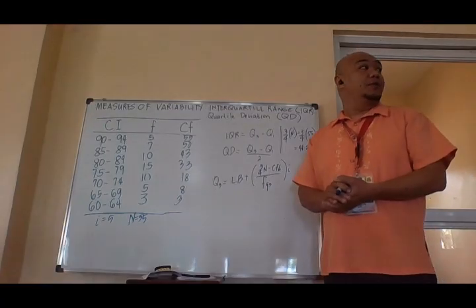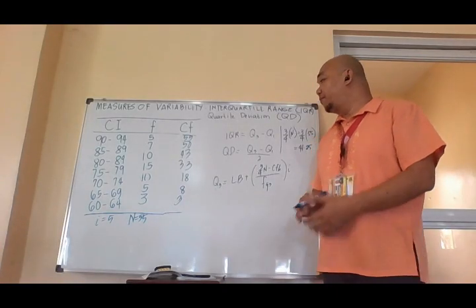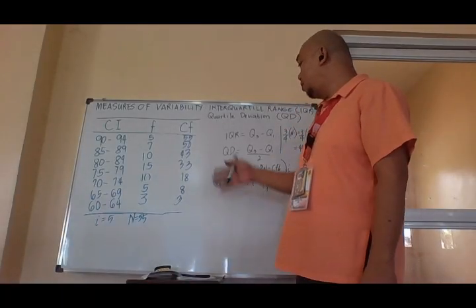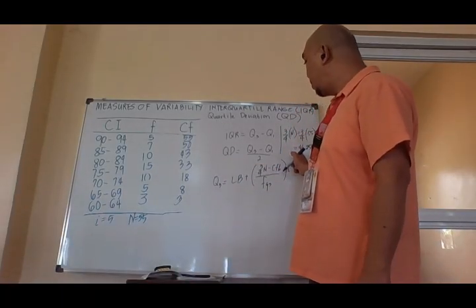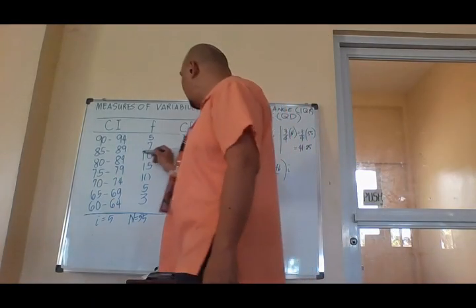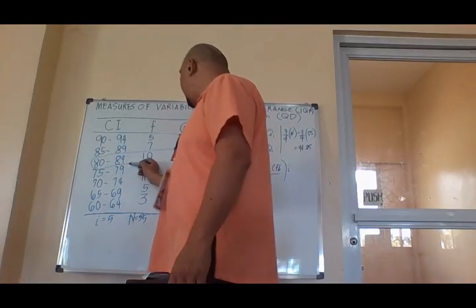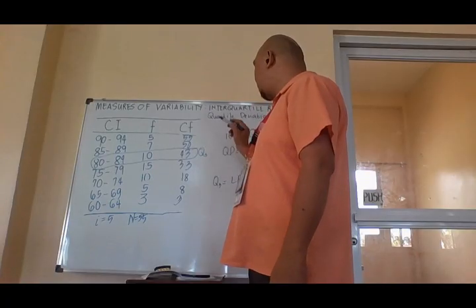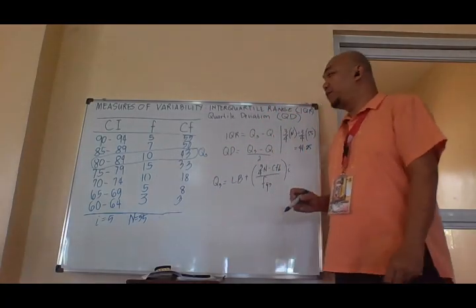Next, we are going to locate 41.25 in our cumulative frequency column. So 41.25 belongs to class interval 80 to 84. So this is the third quartile class.